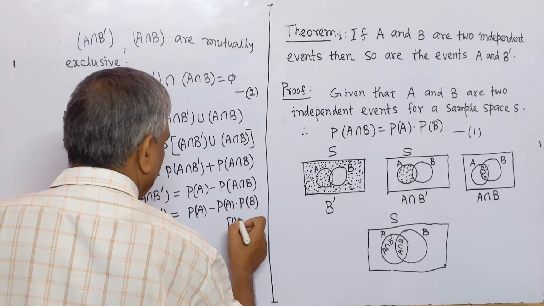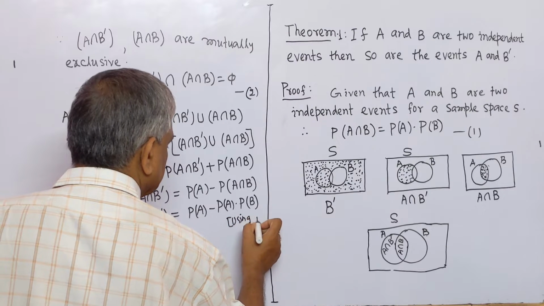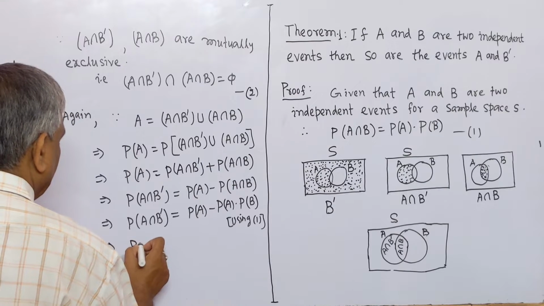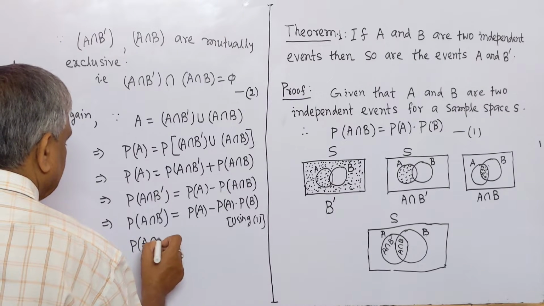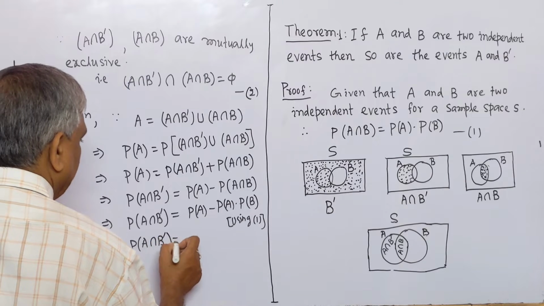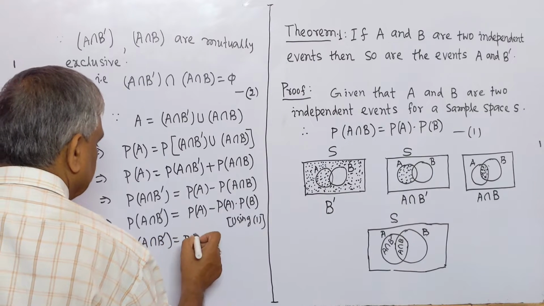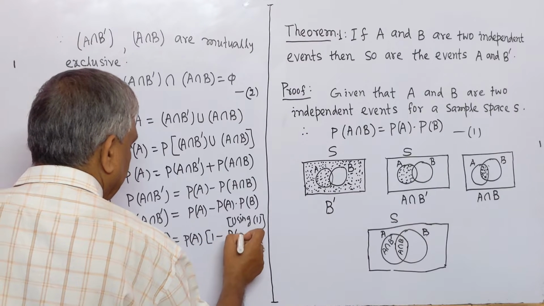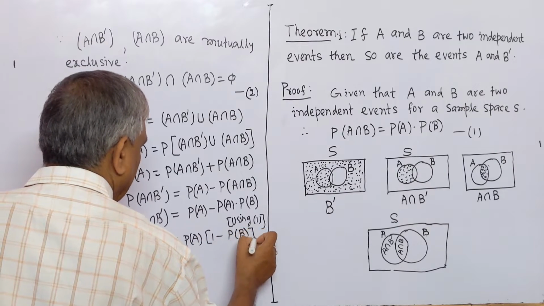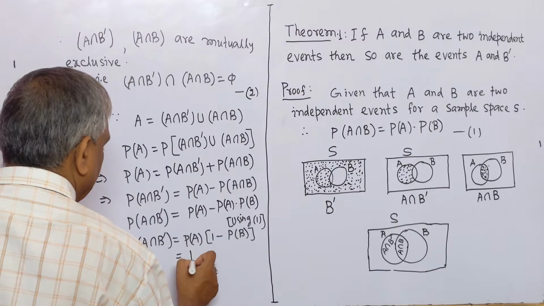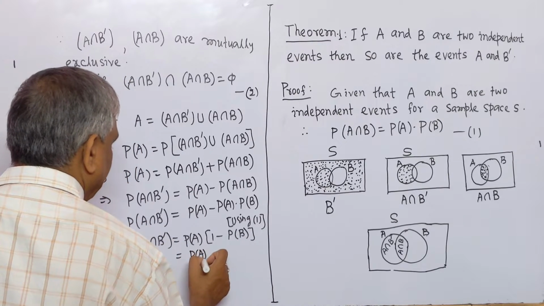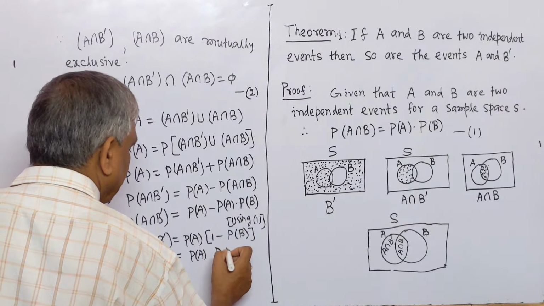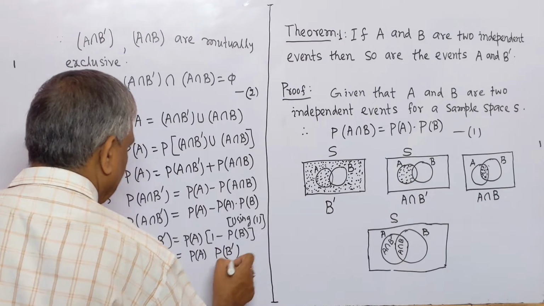This implies that probability of A intersect complement of B equals P(A) common, 1 minus probability of B, and this equals P(A) times (1 minus P(B)), meaning probability of complement of B.